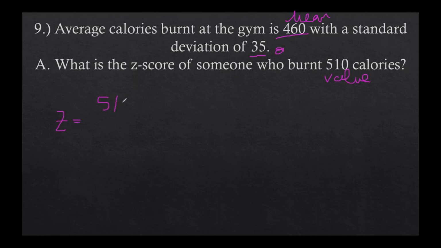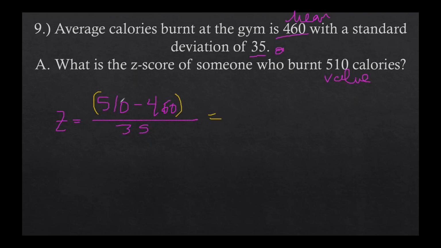So when you plug it in, value minus the mean over the standard deviation, one thing I want to highlight is that depending on how you punch into your calculator, you might want to put it in parentheses first. If you don't and you just type it in as you see it, some calculators will divide and then subtract, and that's not what you want.